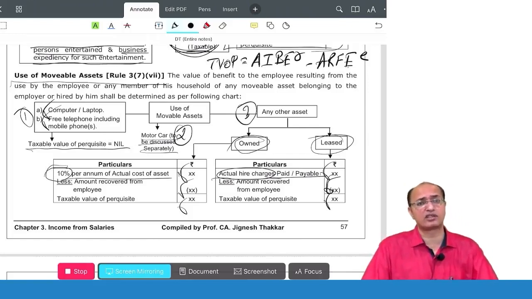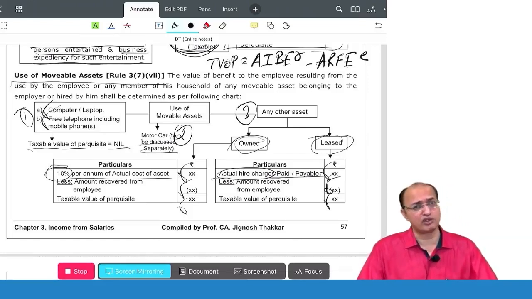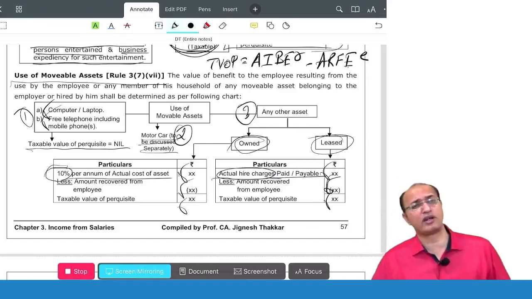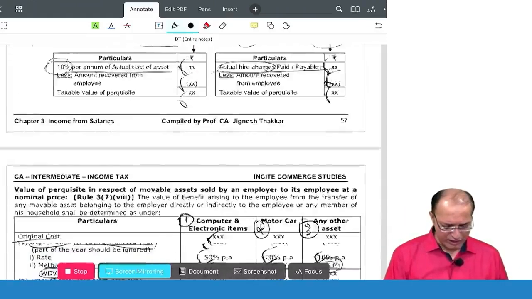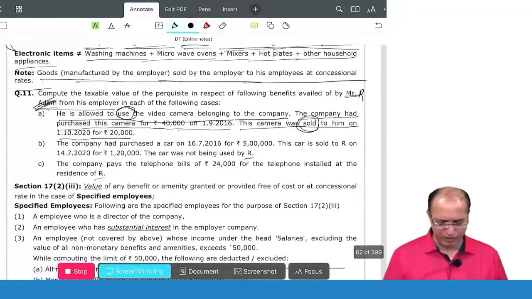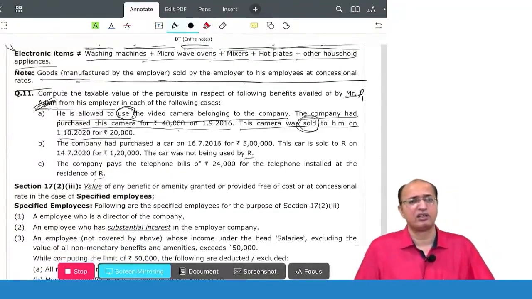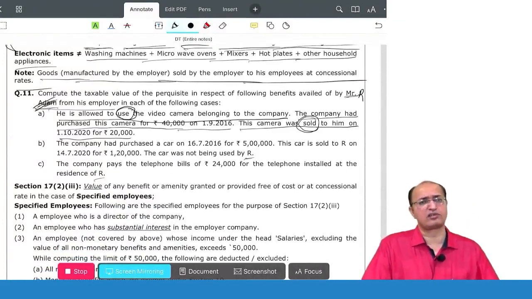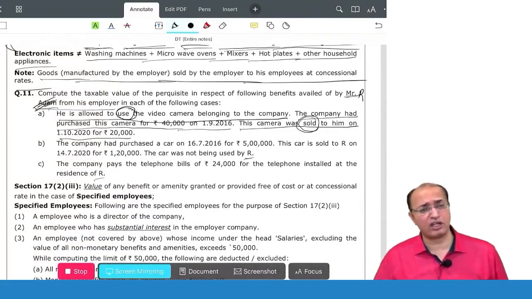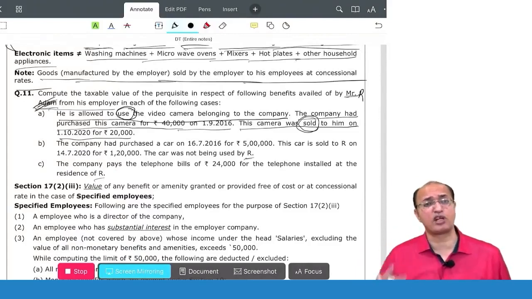But he has used the camera only for 6 months. So you should apply 10%, then multiply it by 6 upon 12. So how do you get the value for use of video camera? 40,000 into 10 upon 100, that is 10%. 40,000 into 10 upon 100 is 4,000, into 6 upon 12. This will give you 2,000 rupees.